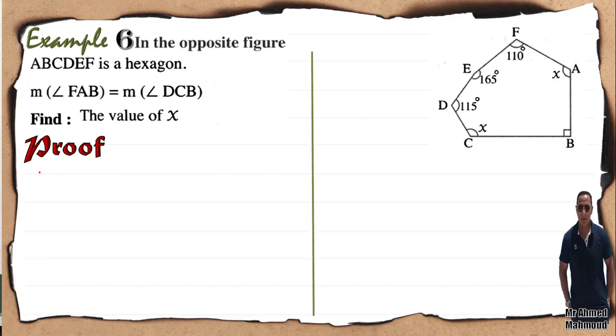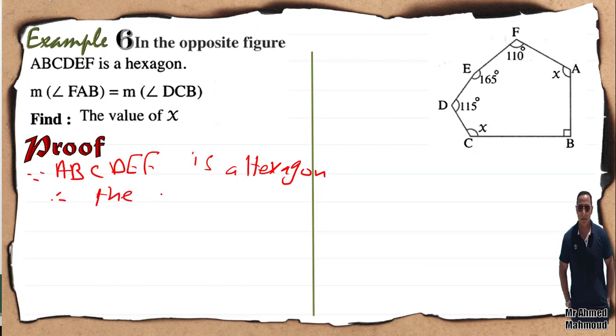Since ABCDEF is a hexagon, therefore the sum of interior angles equals 6 minus 2 times 180 equals 720.